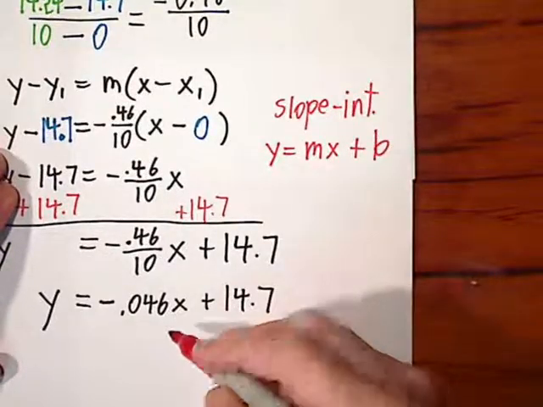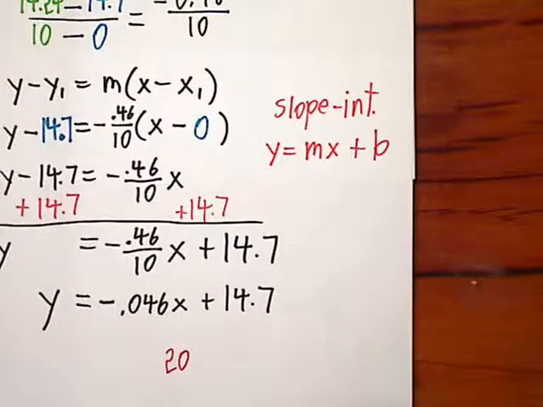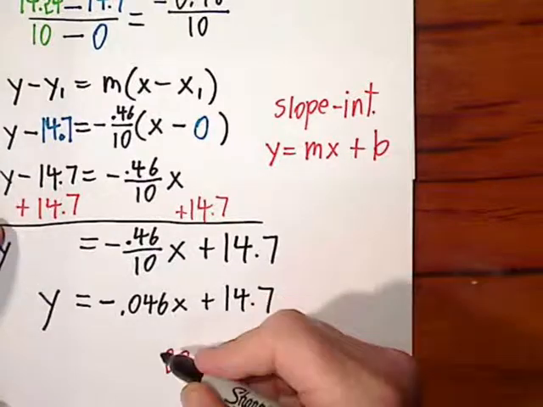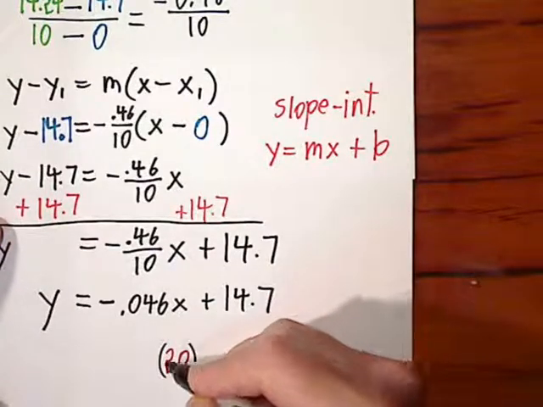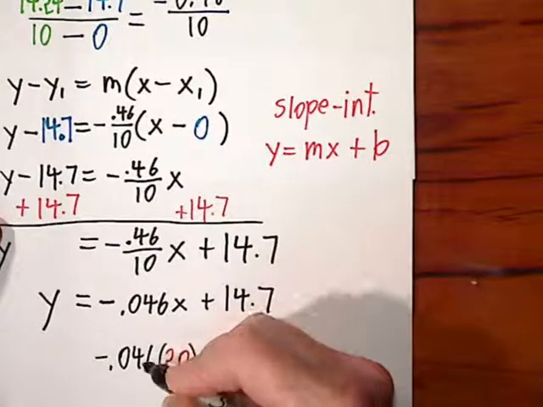So remember, we're saying x is 20. Maybe I'll put that in parentheses to show I'm going to multiply. Negative 0.046.